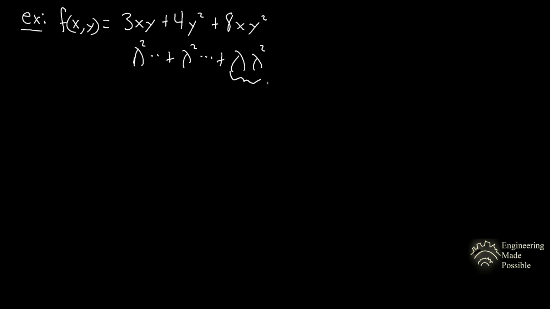So this one would be lambda cubed, and therefore you're not able to completely factor out the lambda with respect to the function. You wouldn't be able to factor out the lambda completely since you have a cubed here and you have squared here. So therefore, it wouldn't be homogeneous in this case.